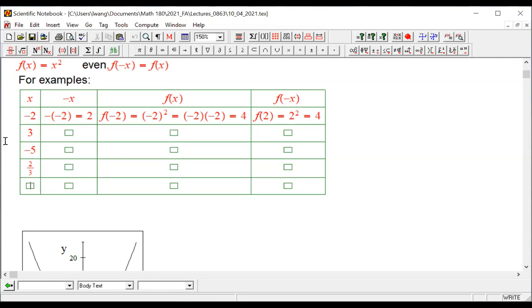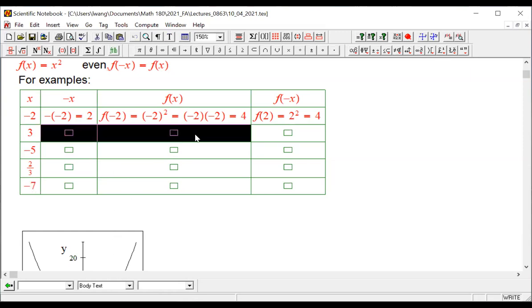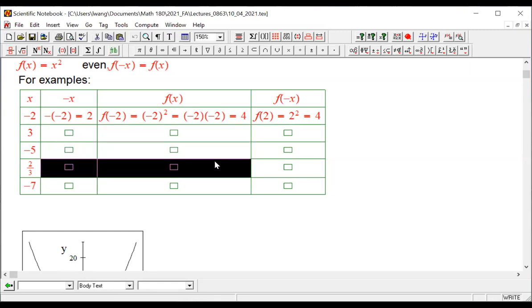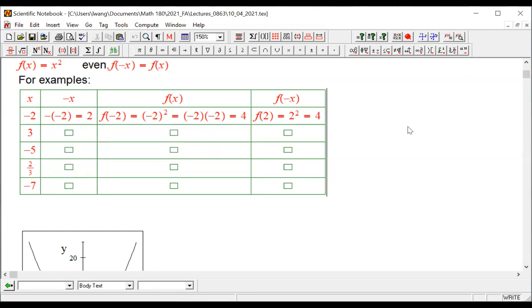5 classes in one. All right, so I'm going to give you one more number, -7. How about that? So could you guys do the calculation for each one of those?